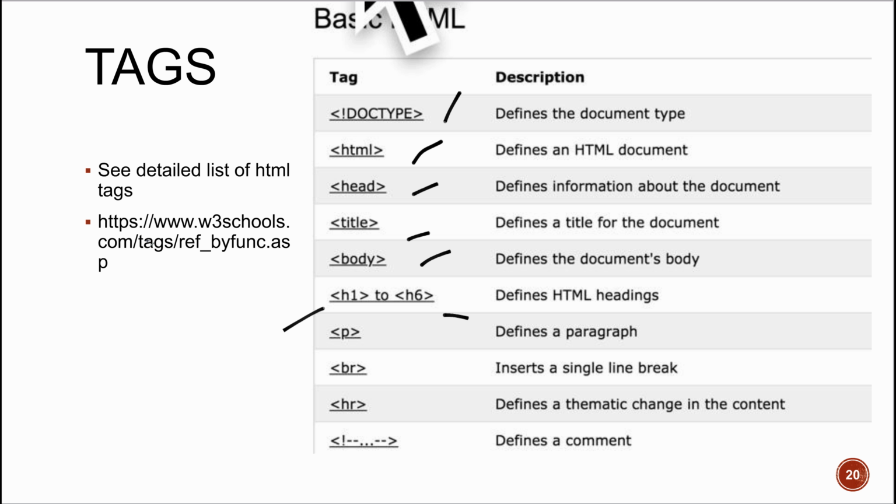The paragraph, the break, you want a heading, and so on and so forth. If you want to write a comment, you just need to go to this section of this website, and you see loads of it. You have the basic to the advanced tags. So any kind of thing you want to do, just go there and search it. There's an explanation for each tag. It tells you what they do, so you can know when to use them. Right. So let's move on.